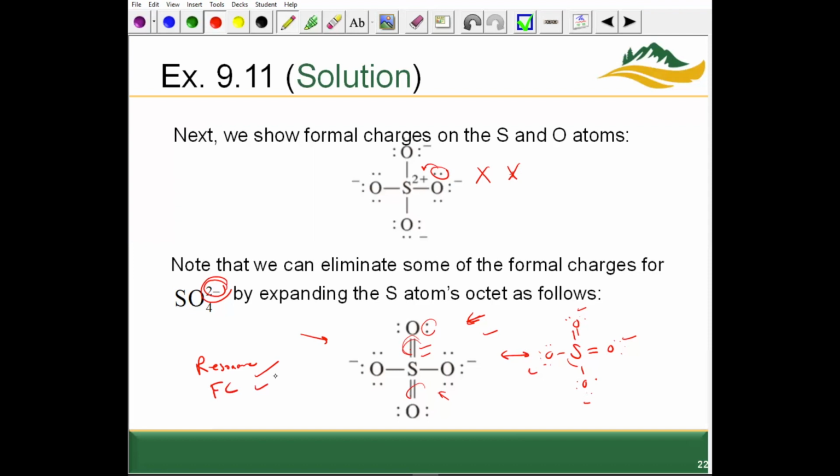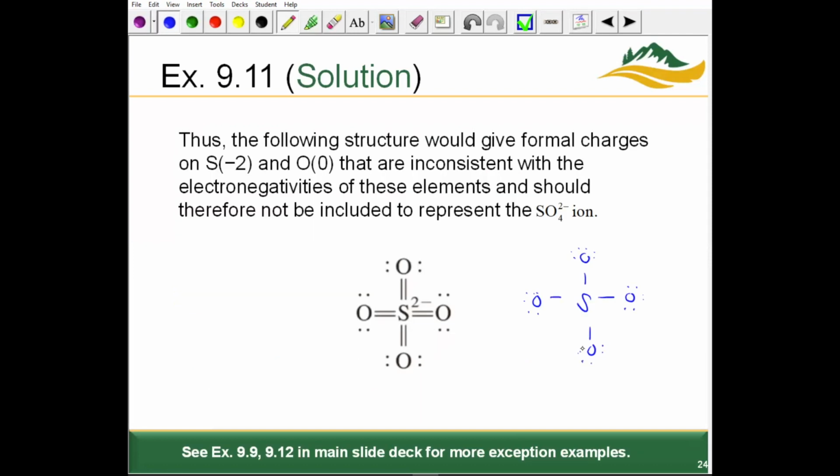Resonance and formal charges are what we focused on in this example. And so if we had taken all of the lone pairs we could into forming double bonds, what ends up happening for an incorrect structure like this is we end up with a -2 formal charge on sulfur.